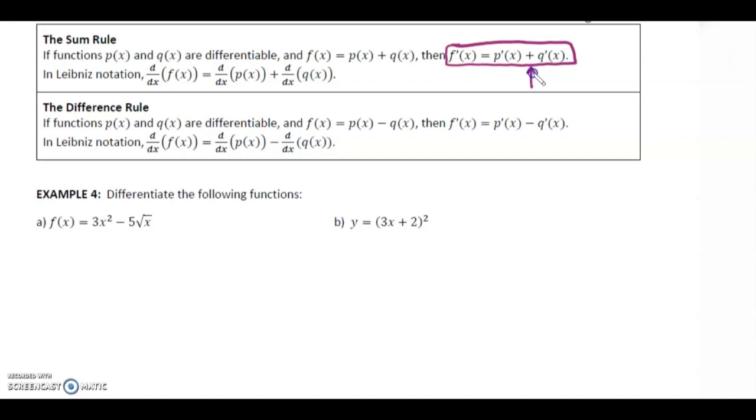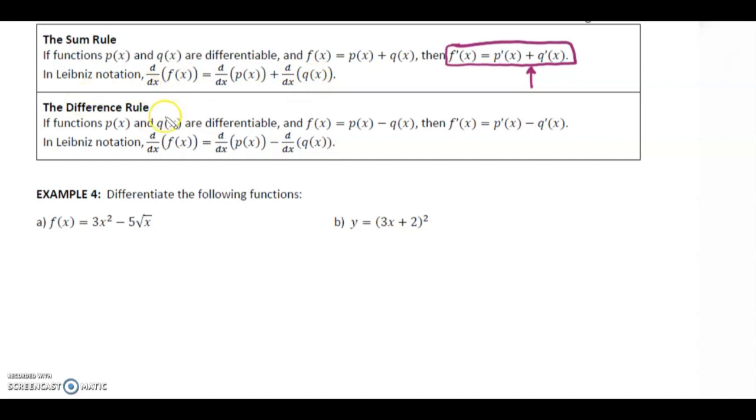So it's just a sum of its parts. And we saw this for the limits as well. So in Leibniz notation, d by dx of f at x equals d by dx of p at x plus d by dx of q at x.